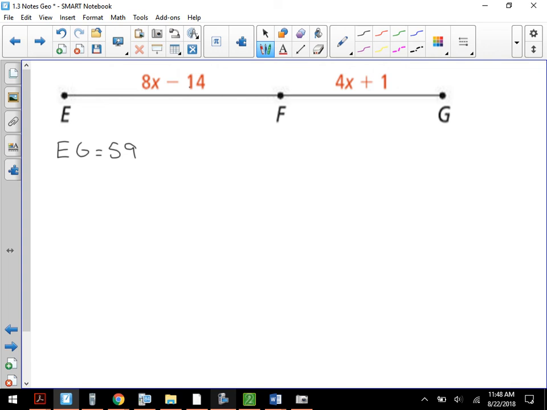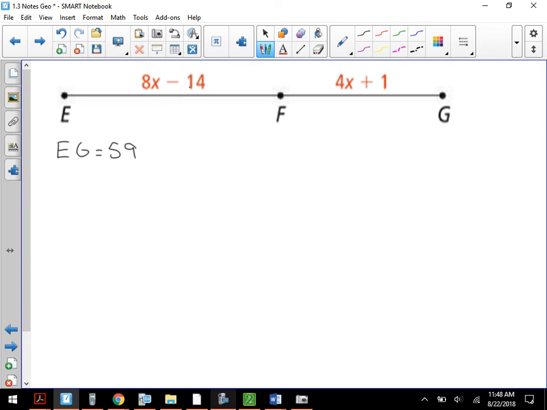Sometimes you will see in directions, it'll say points E, F, and G are collinear, and then therefore you know that the rest of this stuff has to happen. Because sometimes they won't give you a diagram, you have to make one. But tonight we'll have diagrams. So when you look at that, what are the two smaller segments?